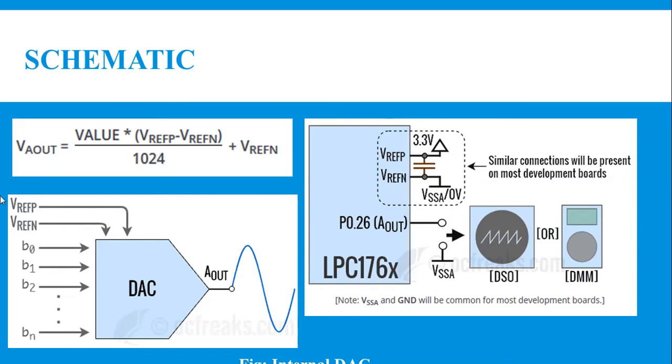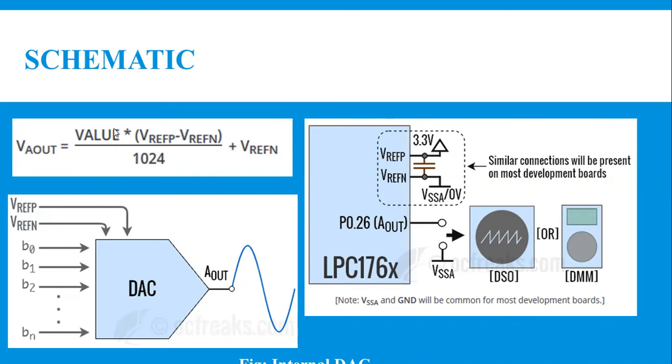At any point of time the analog output value can be calculated using this formula. The voltage at the analog output pin equals value multiplied by V reference positive minus V reference negative, divided by 1024, plus V reference negative. Here the value refers to whatever binary value you place in the DAC register.